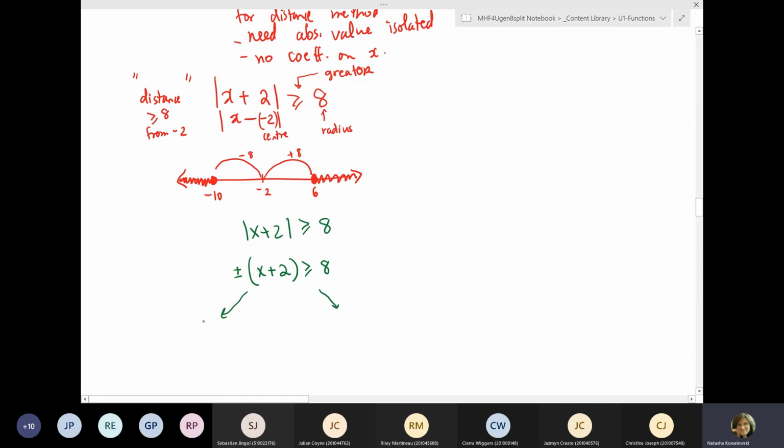Either positive version or negative version? What would be the word in the middle? Or. Because this is greater or more is or.